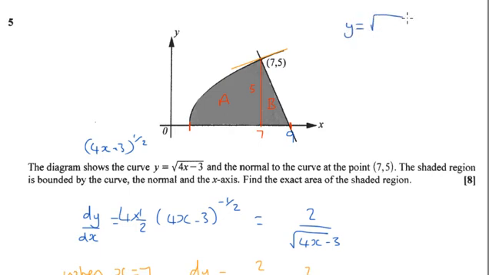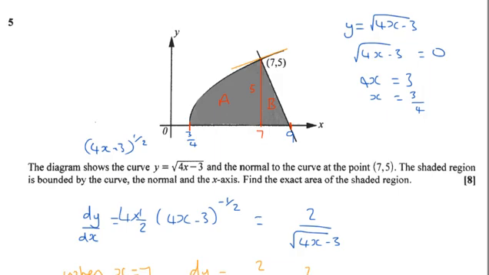When y is equal to 0 here, doesn't matter about the root, 4x is going to equal 3, so x is going to be 3/4. So that's this point here. So now if we integrate between 3/4 and 7, we'll get A, and if we find the area of the triangle, we'll get B, and then we can add them together.